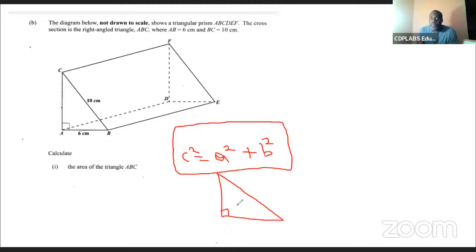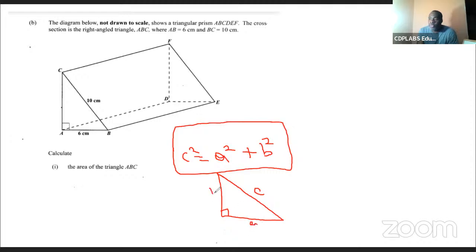So let's look at it. Now the length C is 10 centimeters, which is this. This is length C, really. This is C. This is normally a common letter. I can call this A, doesn't really matter.